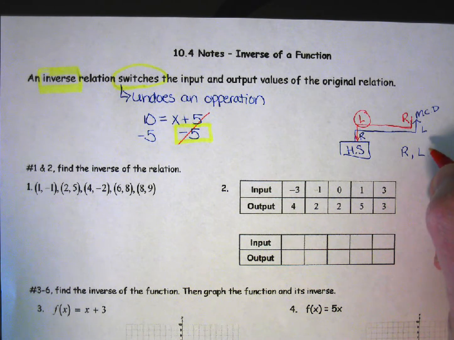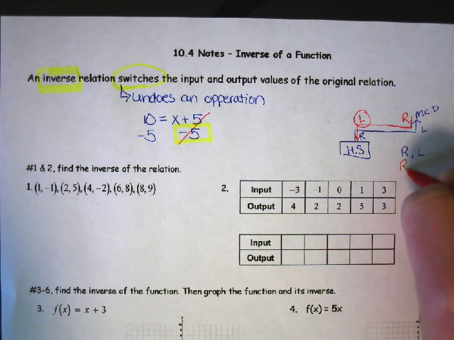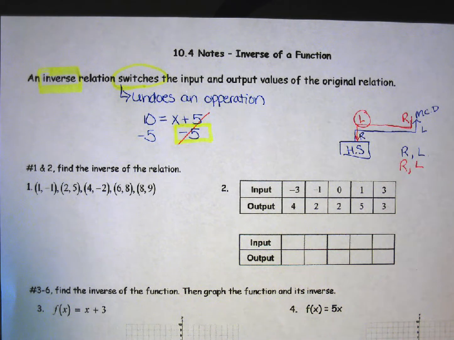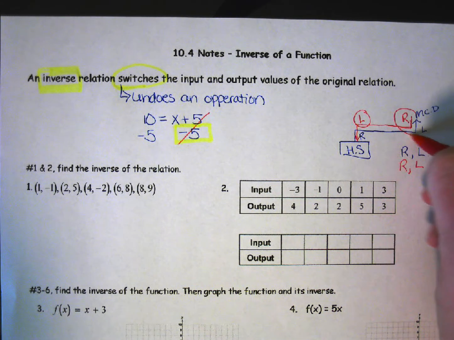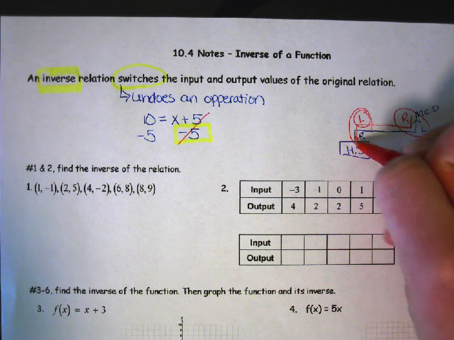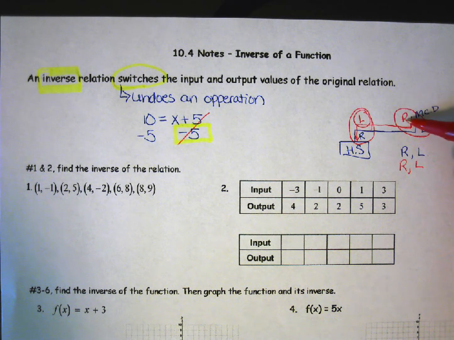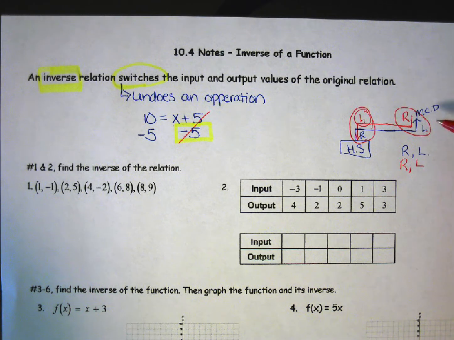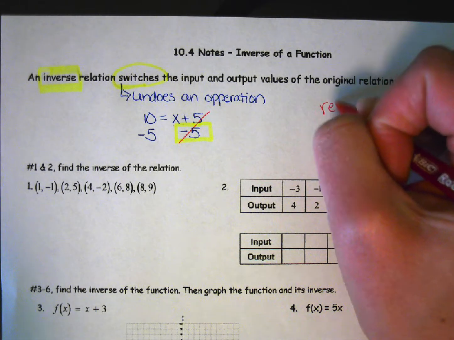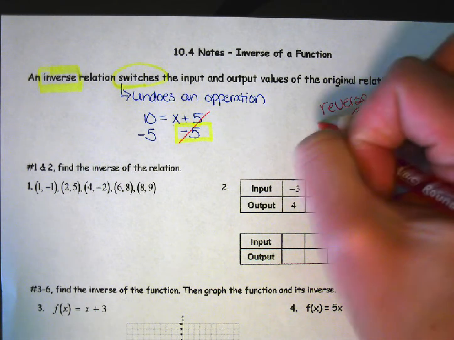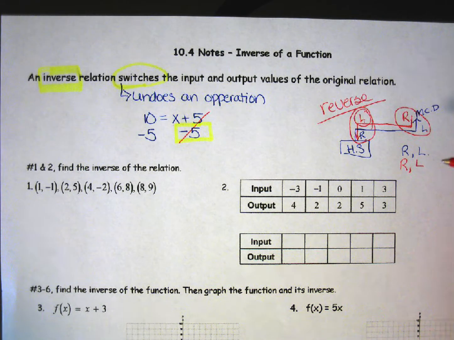So we would turn right and then left. Do you see how these are the opposite of each other? Do you see how right, left, right? See how they're the opposite, okay? So this is essentially what an inverse does. Some people also call this reverse. So some people say it reverses things, okay?